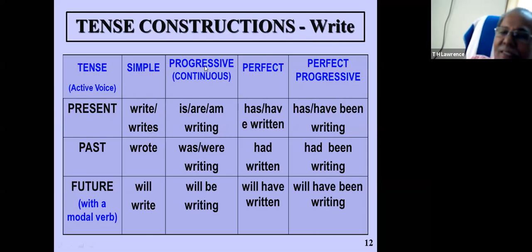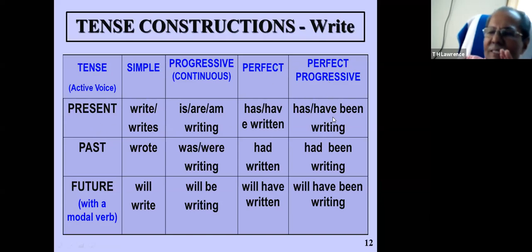Here, is writing or am writing. Then you go to present perfect. How will it appear? Has written or have written. Then perfect progressive. How will it appear? See here, present perfect progressive.